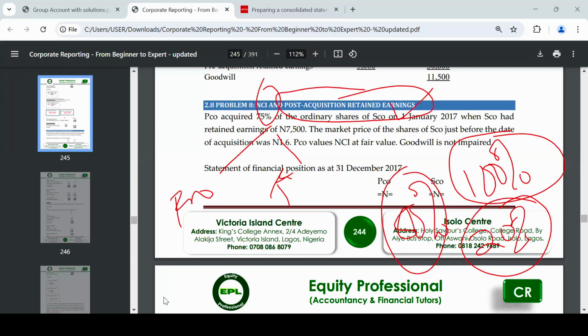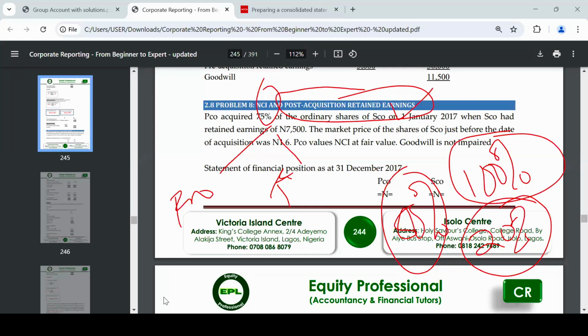But when we have business combinations and there is goodwill, it is a good test to say that we have a parent company that has paid an amount that is higher than the value of the net assets that they have acquired.